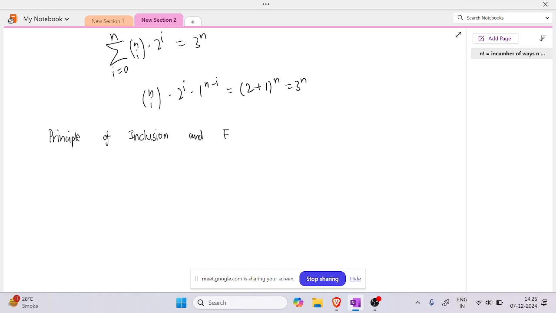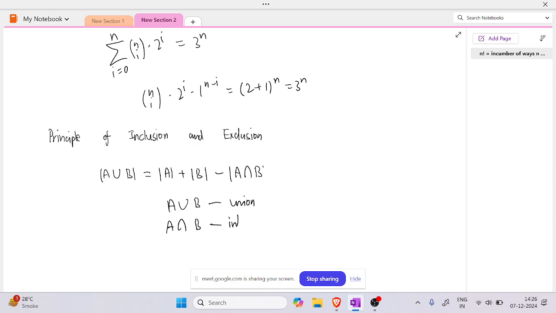Basically, probably everyone knows the two-set version, where you have the size of A union B, where A union B denotes the union of the sets and A intersection B denotes the intersection of the sets.